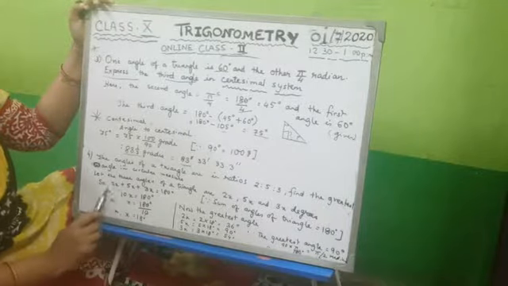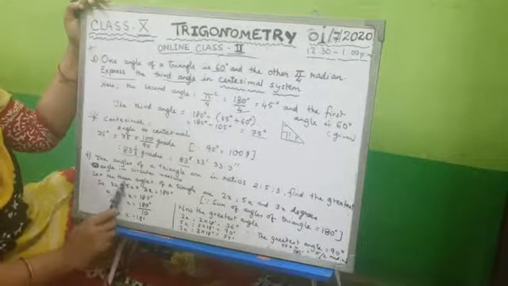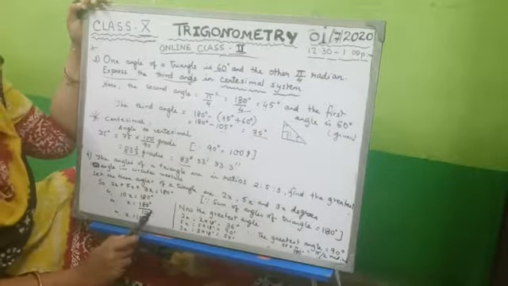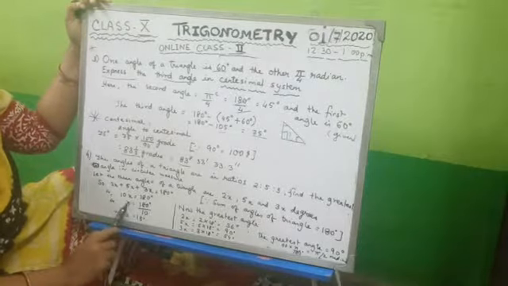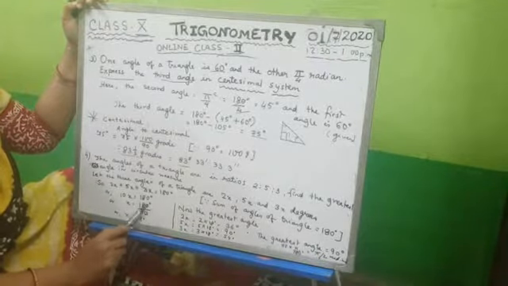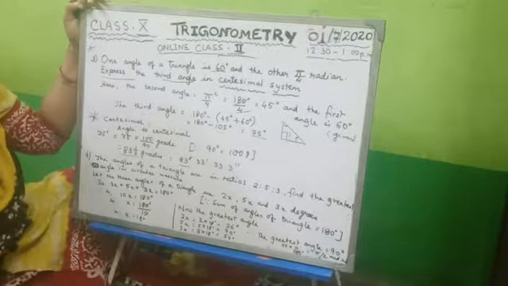Let's solve. 2x plus 5x is 7x. 7x plus 3x is 10x. 10x is equal to 180 degrees. So what is x? 180 degrees divided by 10. The zeros get cancelled. We get x equal to 18 degrees.